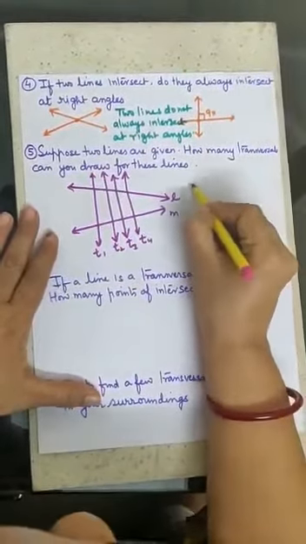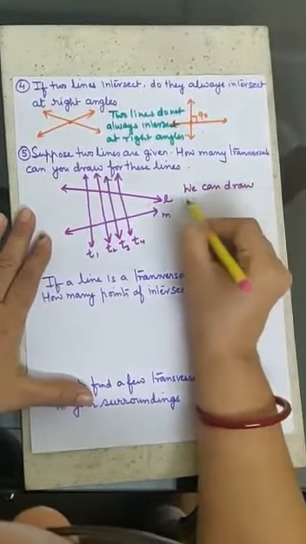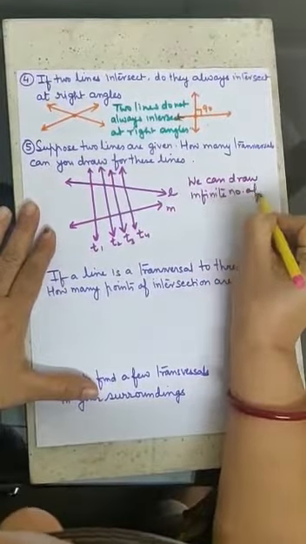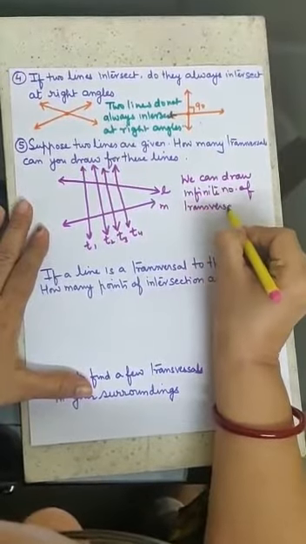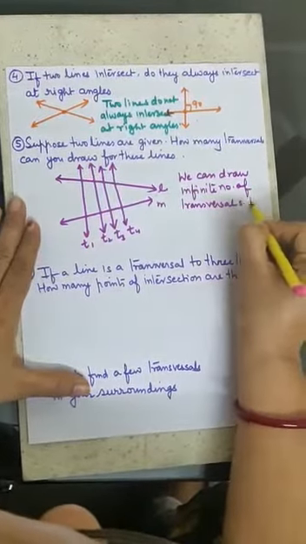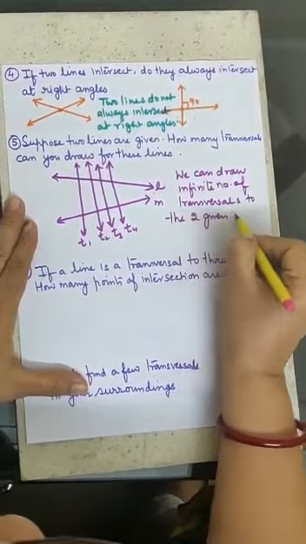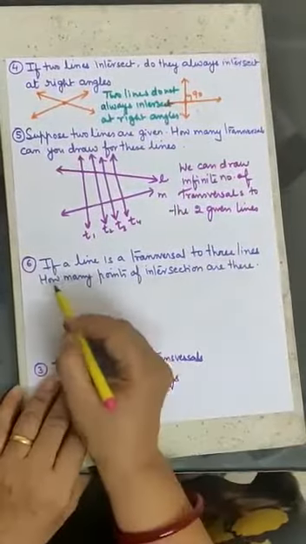So we can draw infinite number of transversals to the two given lines. Alright.